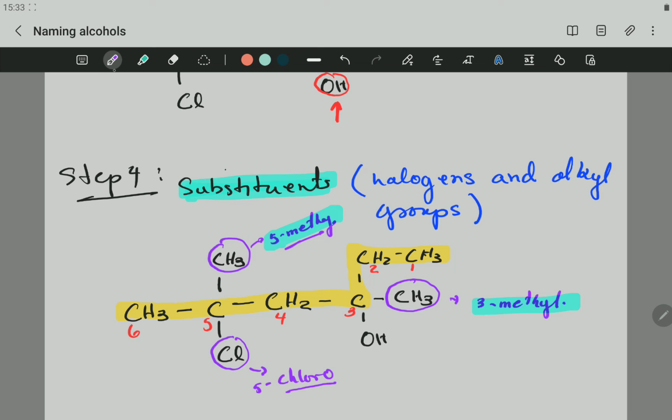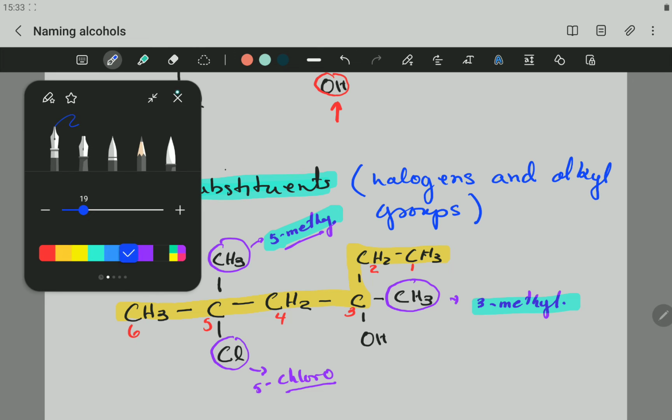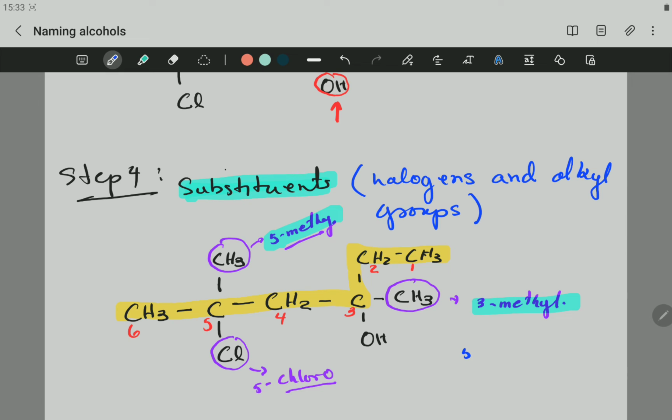Let me use the same colors we used before. We have 5-chloro, we have 3,5-dimethyl. 5-chloro, 3,5-dimethyl. So these are the different substituents we have.